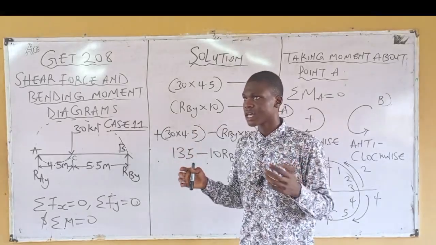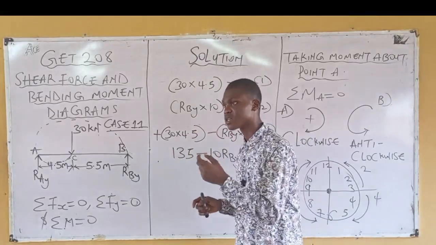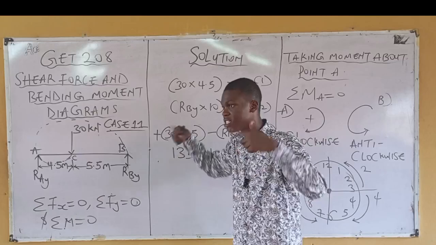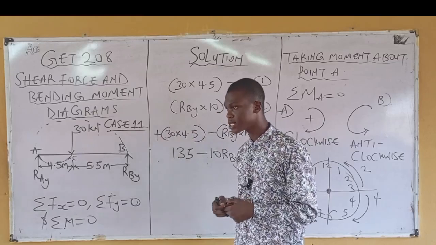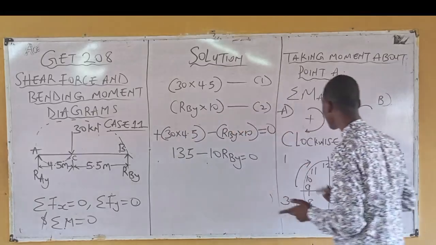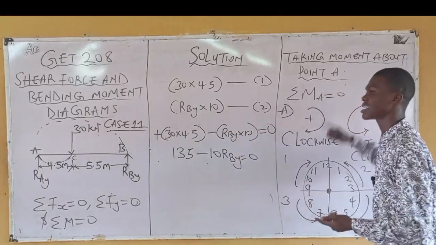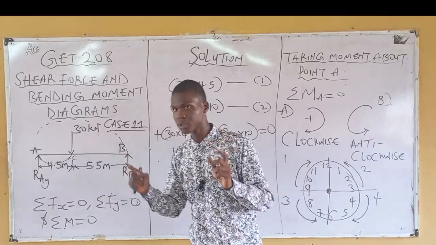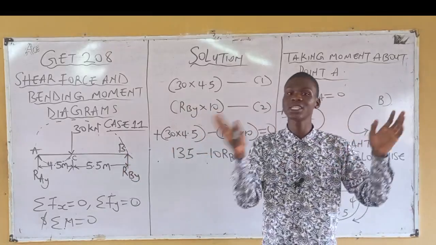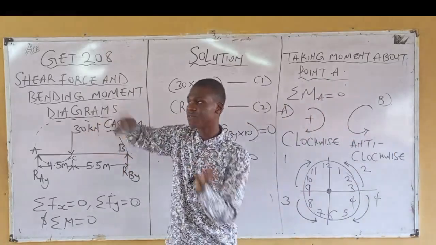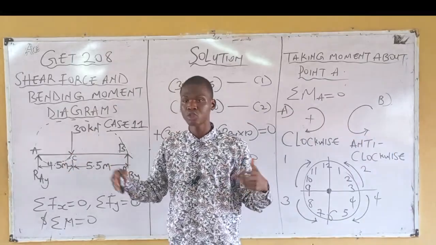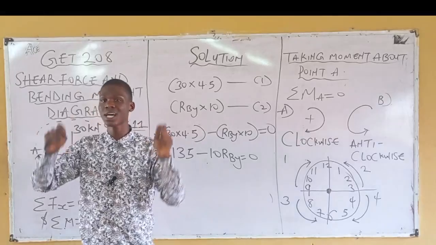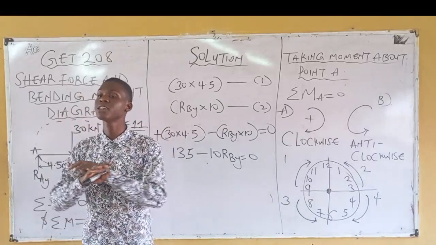When you are consistent with a particular sign convention in whatever you are doing, the result will still be the same. Are you getting me? Now, from here, I'm saying that clockwise is positive, anti-clockwise is negative. If I remain consistent with that sign convention, I will get the same thing as the person using it vice versa. So whenever you are consistent with a particular sign convention, you definitely get the same thing.